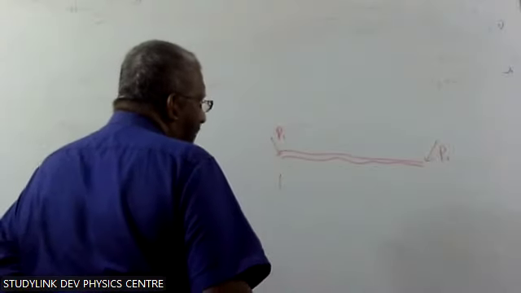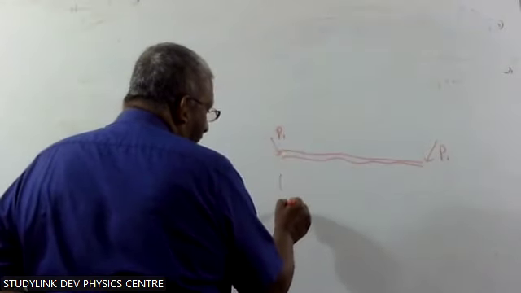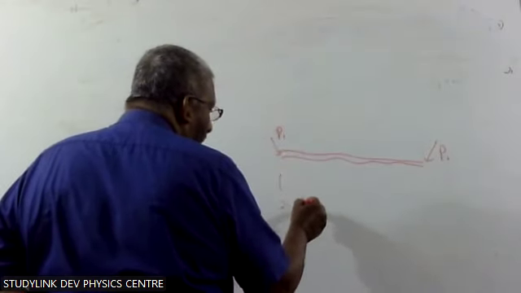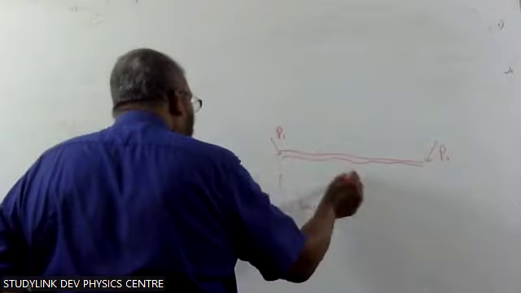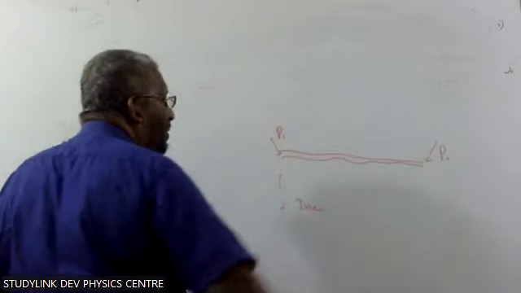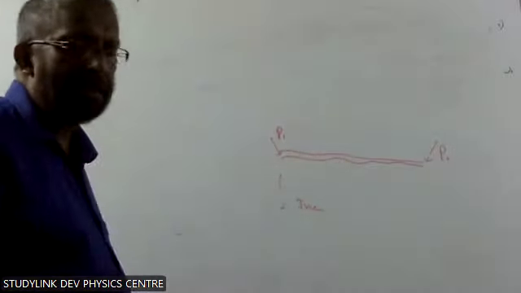The second one: the internal radius varies from place to place.